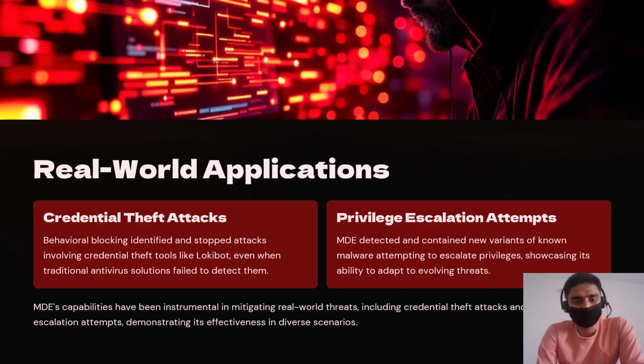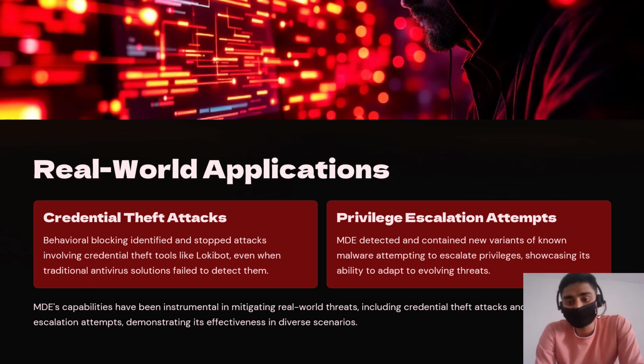Real-world application, let us discuss that as well. One is credential theft attacks, and the other is privilege escalation attempts. Behavioral blocking identifies and stops attacks involving credential theft tools like Loki bot, even when the traditional antivirus solution fails to detect them.